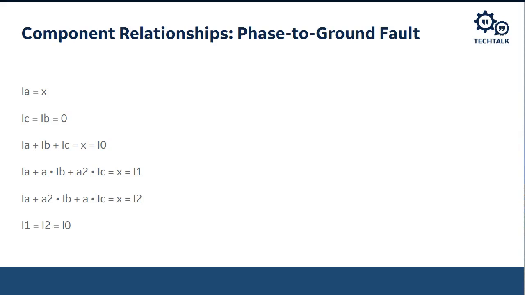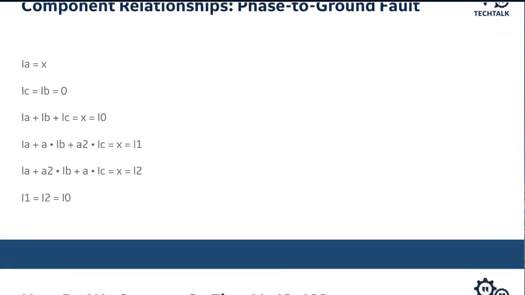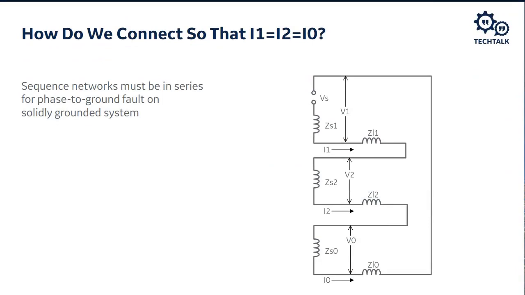So the only way that we can connect those three networks such that the three components, I1, I2, and I0, are equal is in series like this we show here, right? So what we know now is when we have a phase to ground fault, this is how our sequence networks are connected.